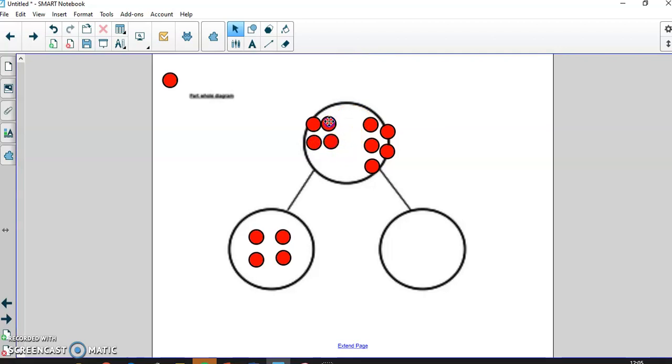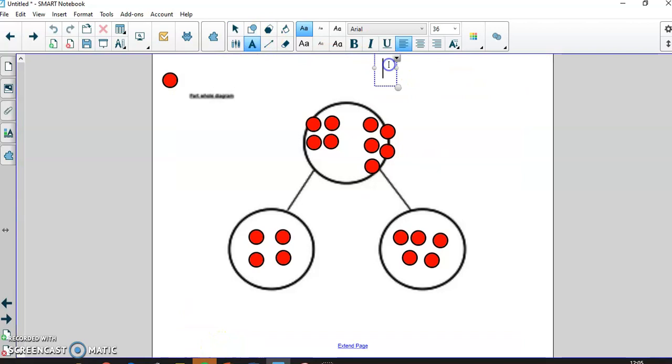We call this our part-whole diagram. This is the whole. So we've got 1, 2, 3, 4, 5, 6, 7, 8, 9. So our parts, we can show that as a 4 and a 5.